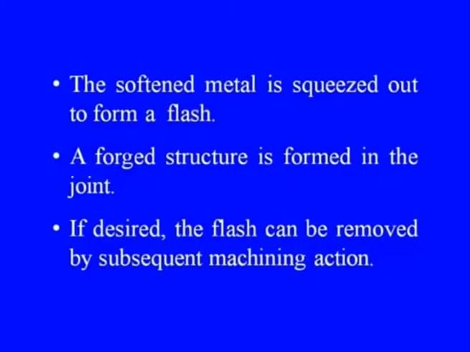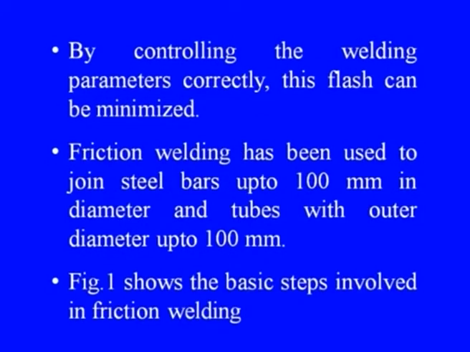The softened metal is squeezed out to form a flash. The forged structure is formed in the joint. If desired, the flash can be removed by subsequent machining also. By controlling the welding parameters correctly, this flash can be minimized.